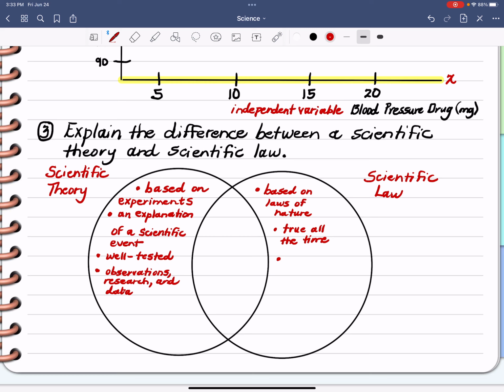Scientific law sums up theory in a way. Scientific law determines if theory is supported.